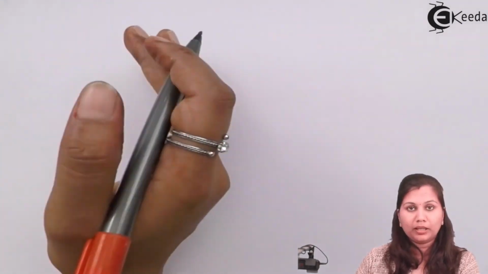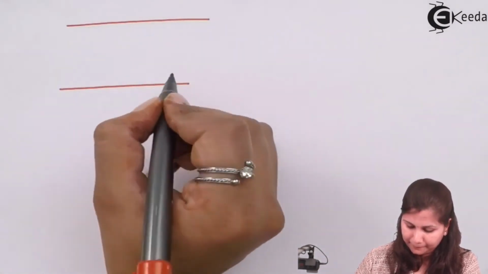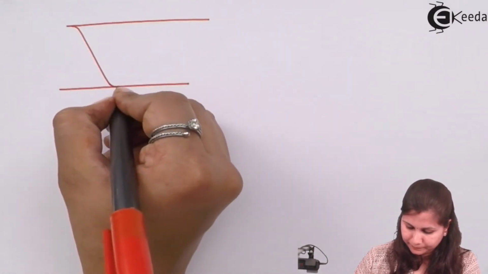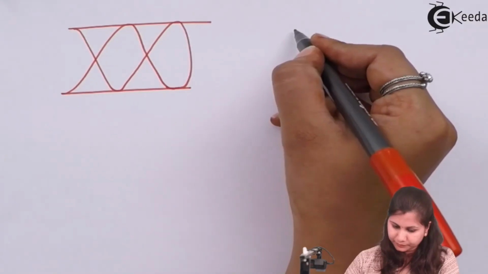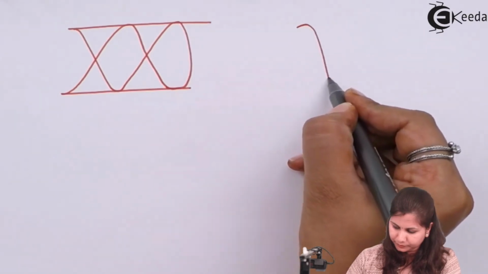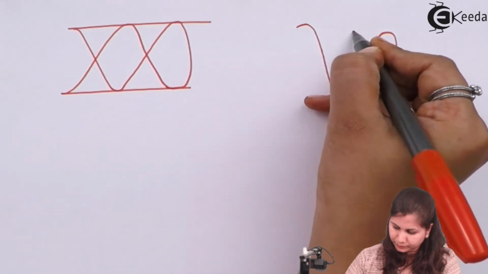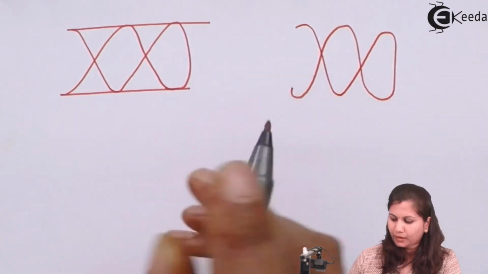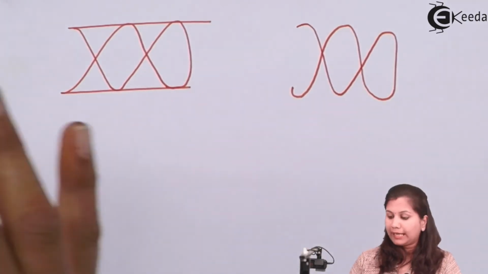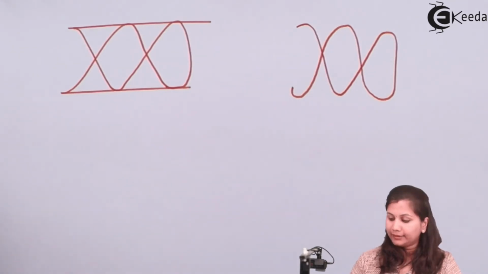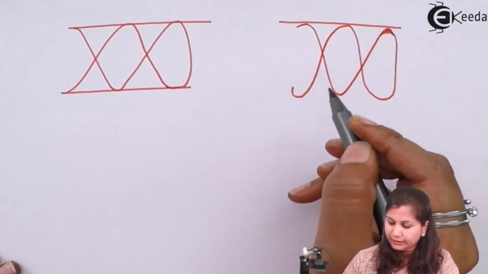Now, if we want to measure the frequency of signals like this, suppose we have obtained a pattern like this on the screen of the CRO, and we use the same formula, the number of horizontal tangencies divided by the number of vertical tangencies.